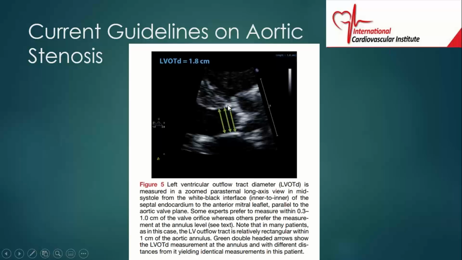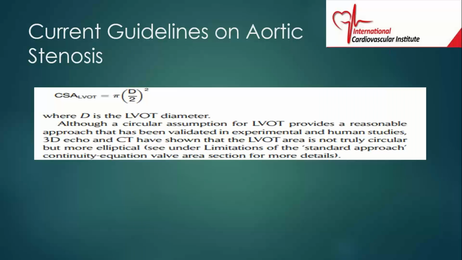So the important thing is to make sure that your measurement is parallel to the aortic valve plane, okay, and it's from the tissue blood interface down to the blood tissue interface, okay. That is the LVOT diameter.